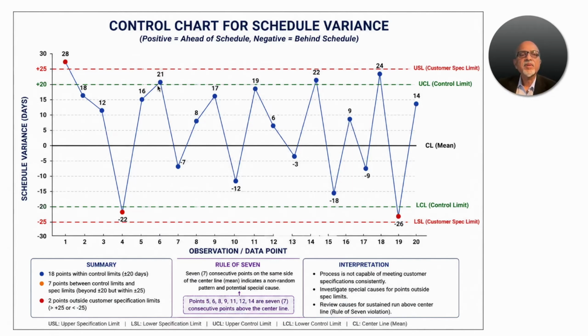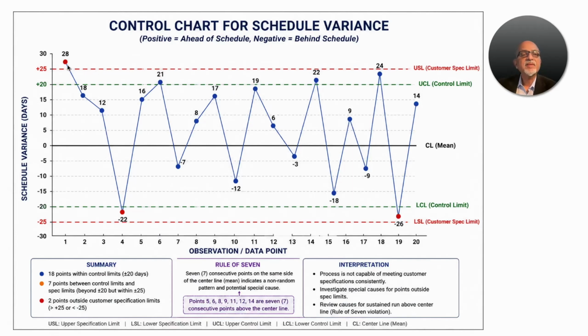Now, data point 21: the customer will not complain, but the quality department has every reason to be concerned because it is outside the upper control limit of the organization. So there is a process deviation. You take some corrective action, push it back here, no problems.